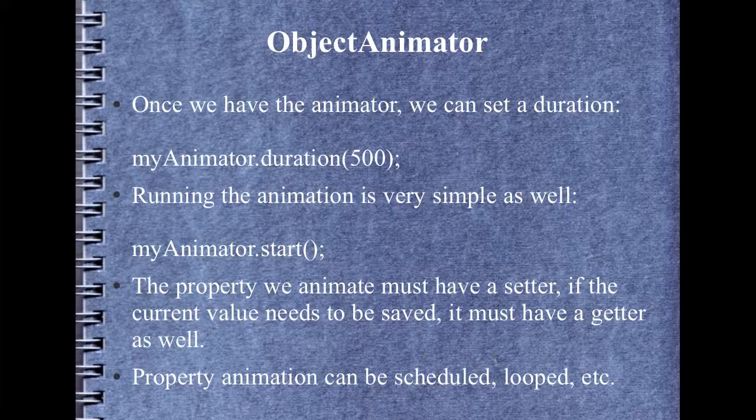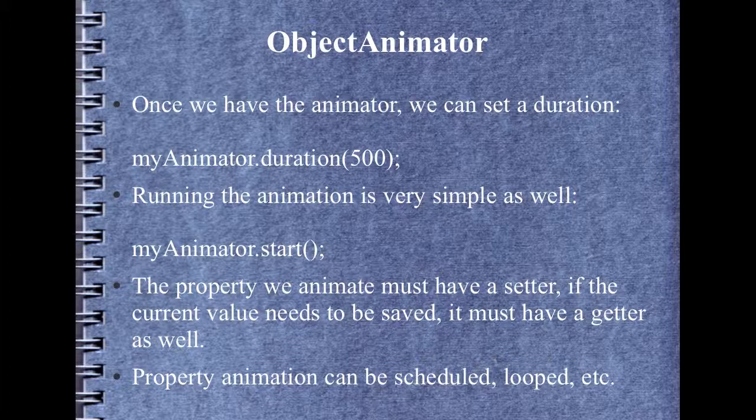Normally what we're animating in property animation is viewable objects. We're usually animating controls of some kind, and the setters already exist, either in the control itself or in its superclass, which is View.